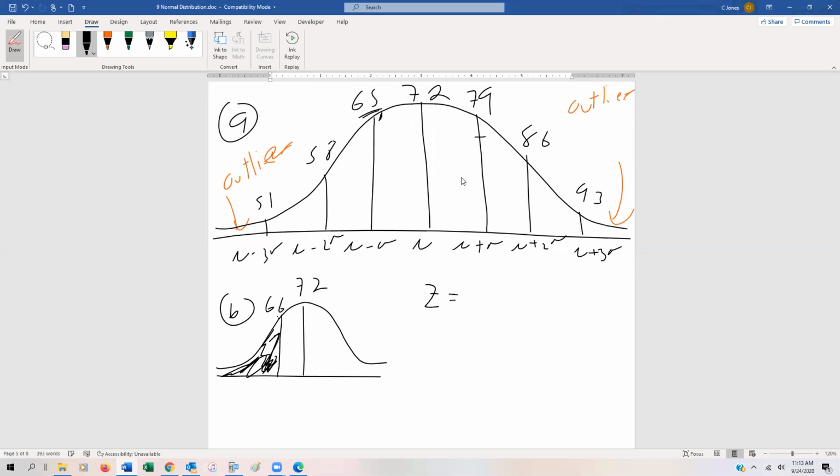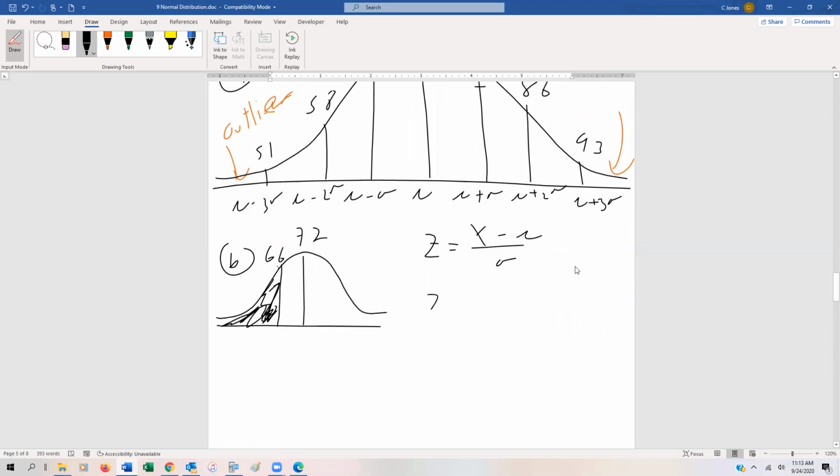Remember, to find an area, just like we did in the previous video, we use this formula, z equals x minus mu over sigma. In this case, x is 66, mu is the mean, which is 72, sigma is the standard deviation, which is 7. We're going to throw that in our calculator.